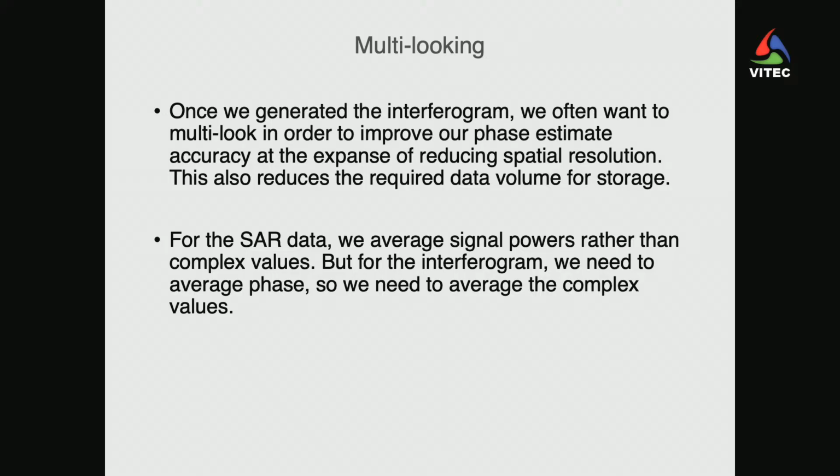So a common approach is to do multi-looking, which is essentially you do maybe a 10 by 10 box at each window, you average those complex numbers, and you save them as a multi-looked pixel, right? This will reduce the random phase noise through averaging. It's essentially a low-pass filter, but more importantly, it will also reduce the overall data set. If you do 10 by 10, it's a factor of 100. And for terabytes of data, that can be a substantial amount of storage.